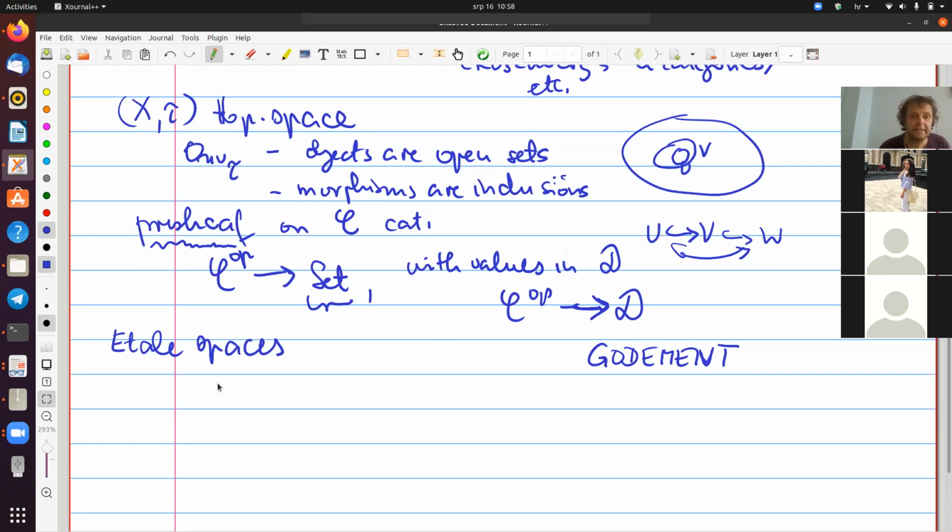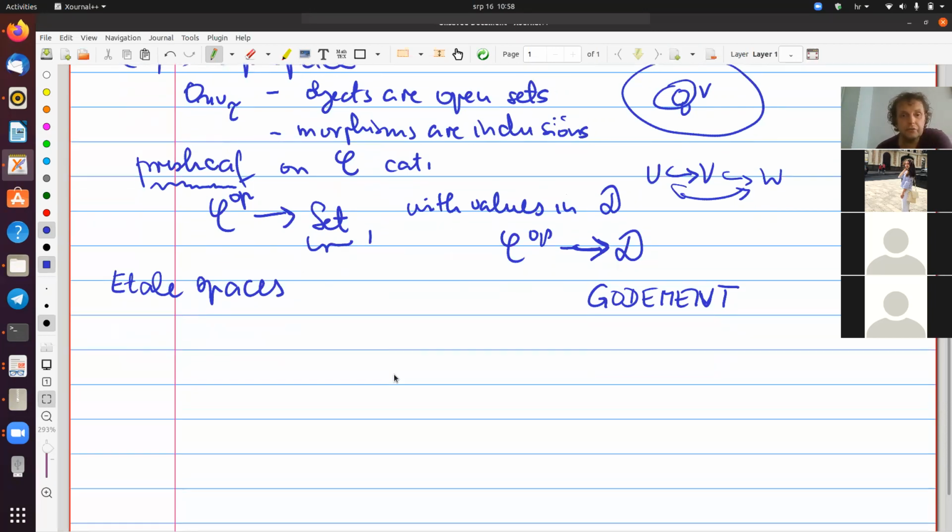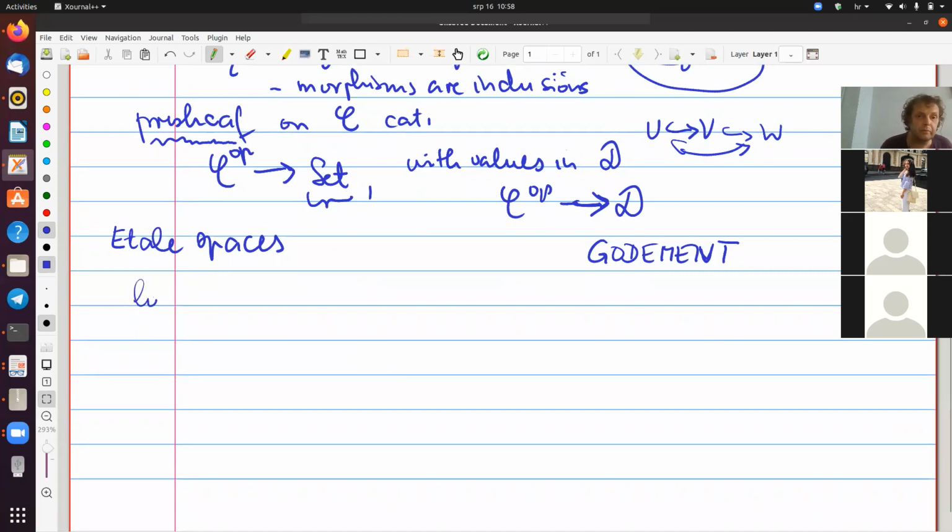So what are Étale spaces? First you introduce the notion of local homeomorphism.